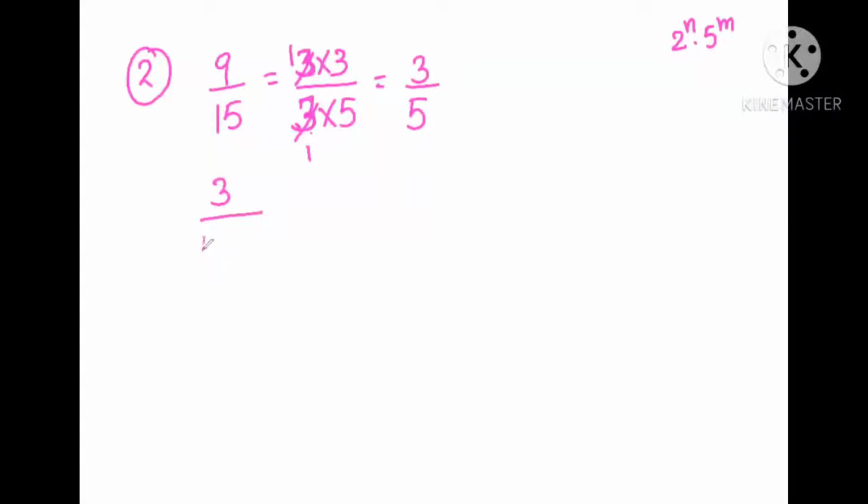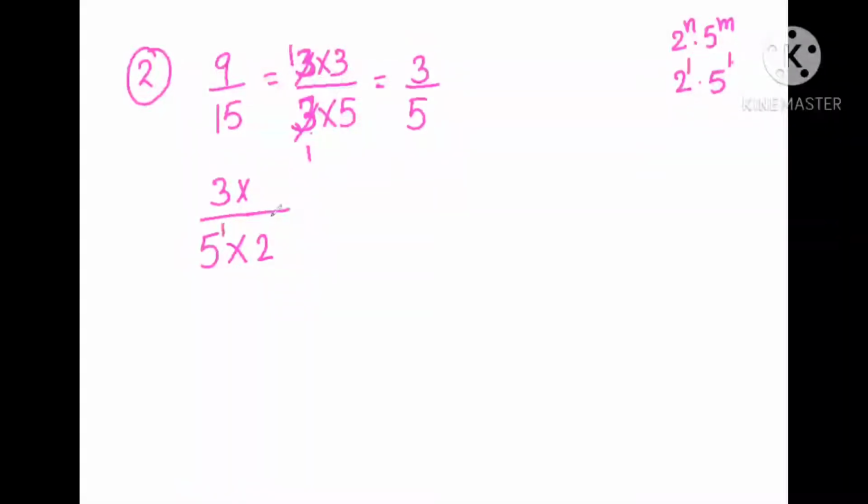Now only 5 is in the denominator, so I have to multiply with 2 to convert this into decimal form. What power should be taken? Here 5 power 1 is there, m is equal to 1, but n is not given here. You have to select n equal to the exponent of 5. Exponent of 5 is 1, so select n also 1.